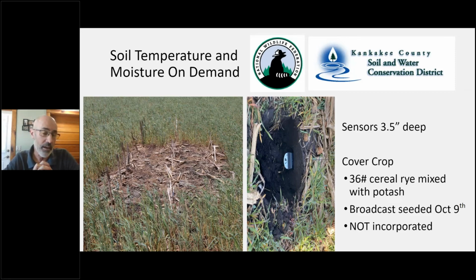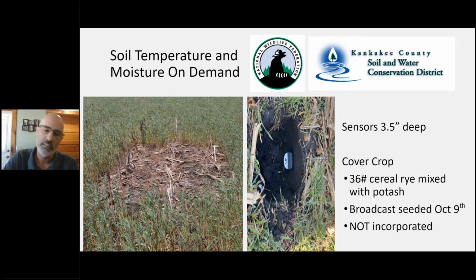This spring, very early, as soon as there was green up on the cover crop, I went out there with a hand sprayer and terminated that cereal rye in roughly a 4x4 area so that we would have soil moisture readings and temperatures in an area where there were no growing cover crops, and we left the rest of the cover crop in the field to grow. The second picture shows where we actually installed this sensor into the ground.